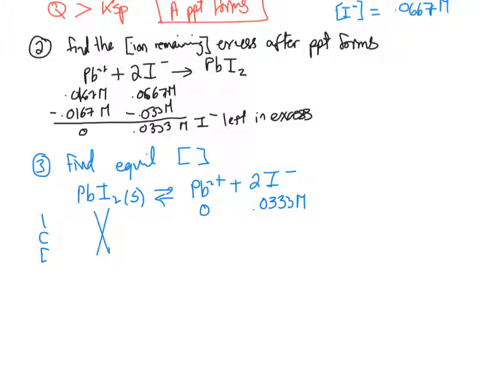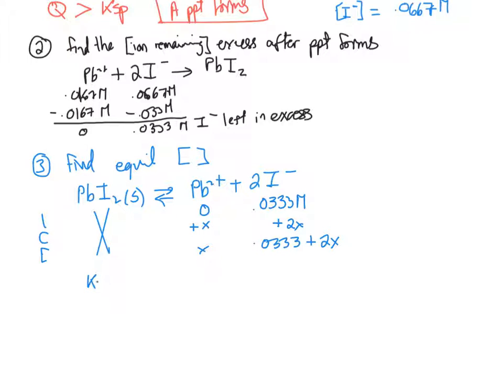Some of this precipitate would dissociate to form some X of this and some 2X of this, and so at equilibrium this is X, this is 0.0333 plus 2X.